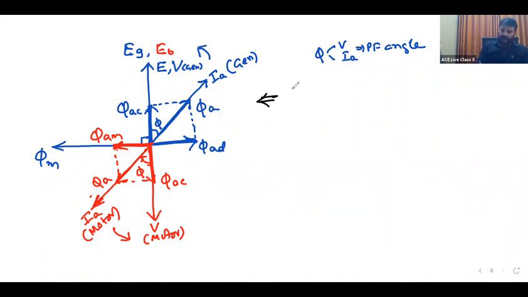So this is the phasor diagram for 0.8 lagging power factor, both for generator and motor.